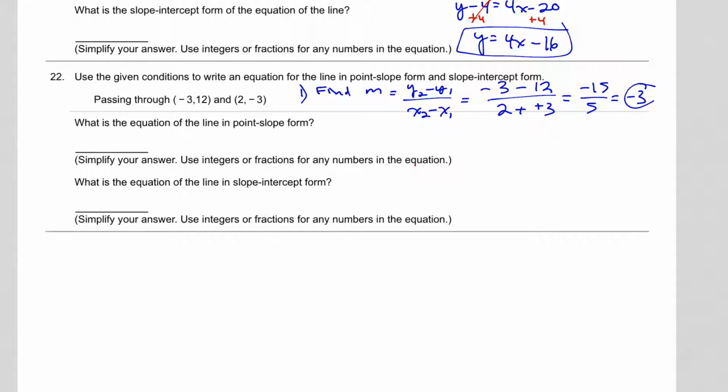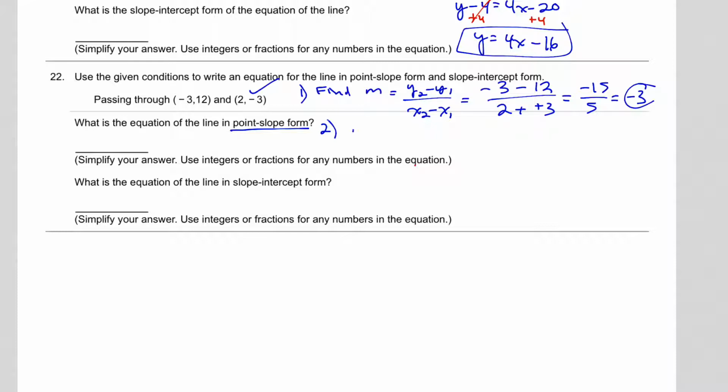Okay, so that's m. Now we just pick either point. I'm going to just pick the ones with the smaller numbers. So now you can use slope-intercept or point slope or whatnot, but it asks us for a particular form, so let's just go ahead and use it.